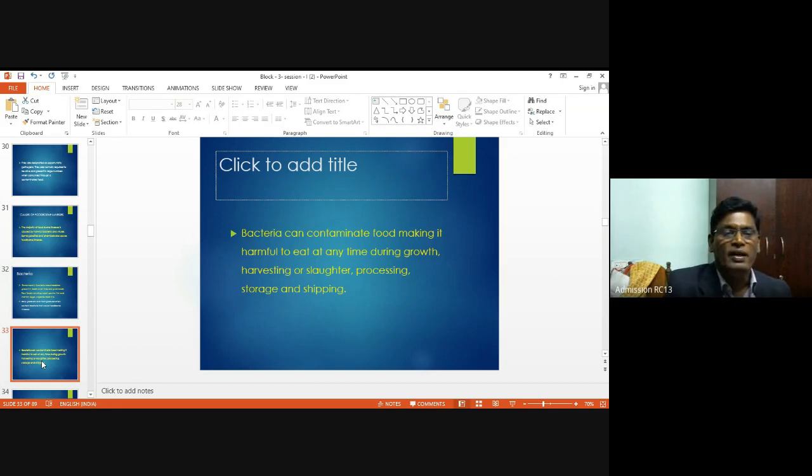Bacteria can contaminate food, making it harmful to eat, at any time during its growth: harvesting, slaughter, processing, storage, and shipping. After the slaughter, the slaughterhouse, the premises where the slaughtering happens, should be maintained in a proper, hygienic condition.